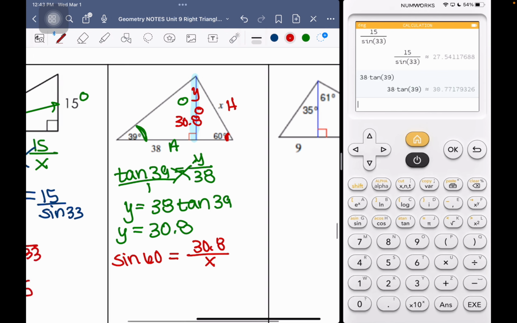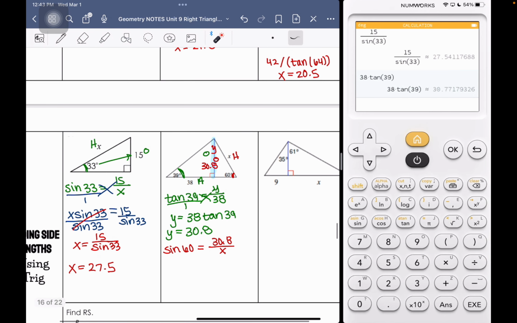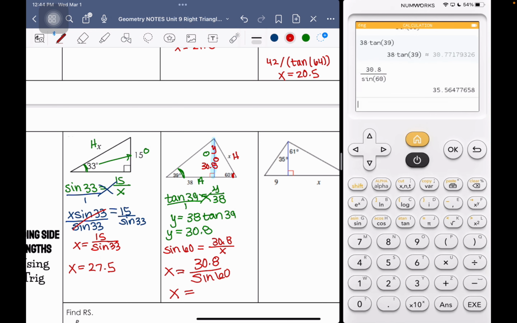Remember what I just said from the last one? If you notice this pattern of x being on the bottom, the sine and the x can switch spots. So x is equal to 30.8 over sine of 60. So we end up getting 35.6 for x.